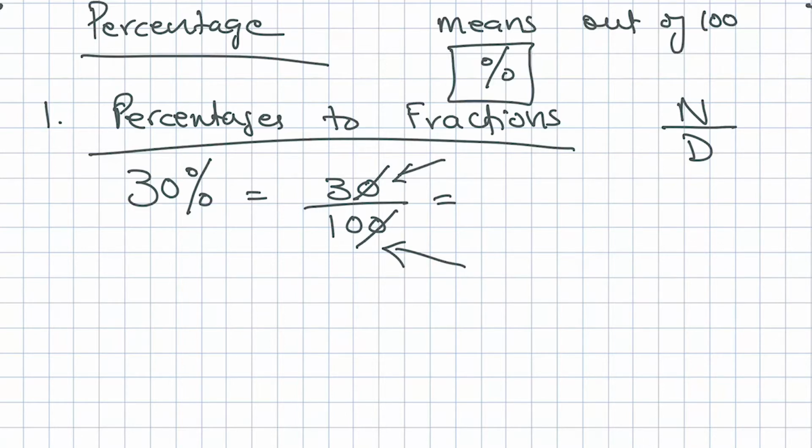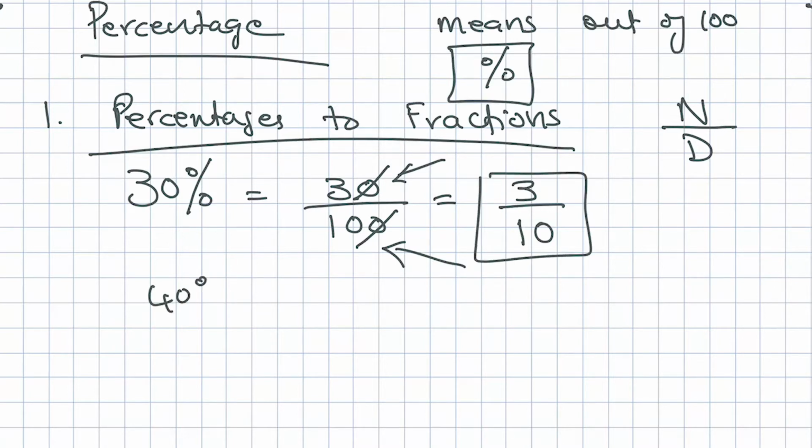This is called cancellation. What we have done here is divide the numerator as well as the denominator by 10. So we can write it out as 3 over 10. Now this is the fraction in the simplest form.